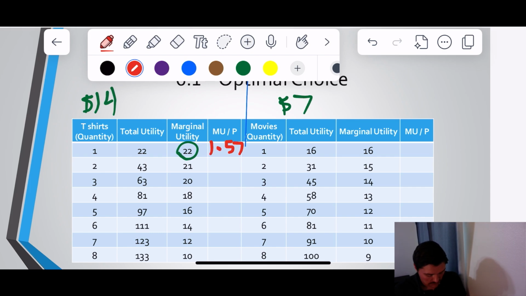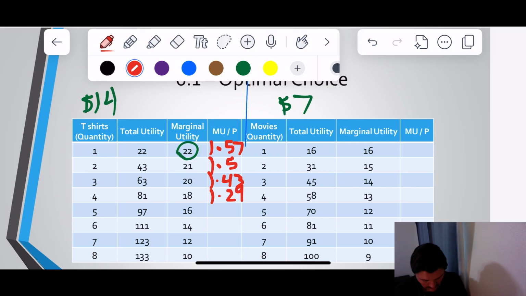And then we'll do the same thing. We'll do 21 divided by 14, and that's 1.5. And you're going to do this the whole way down. 1.43. Again, we're just trying to find the bang per buck, all right, the marginal utility per dollar.